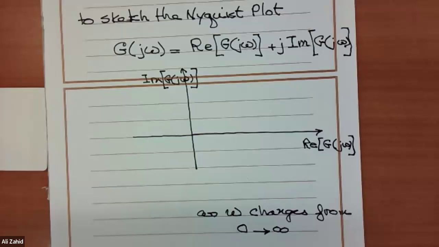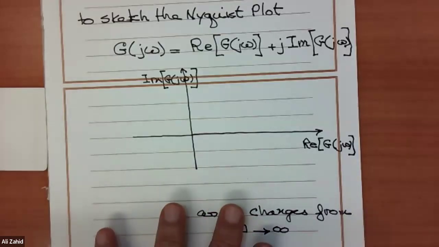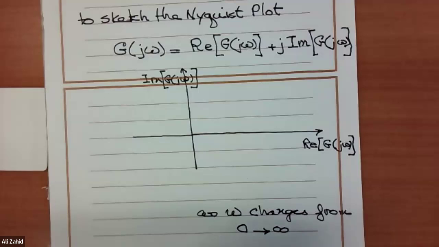You don't have to take from minus infinity to 0. The minus infinity to 0 is the mirror image of the 0 to infinity. So you only need to sketch the diagram for omega changes from 0 to infinity. Did you get it?